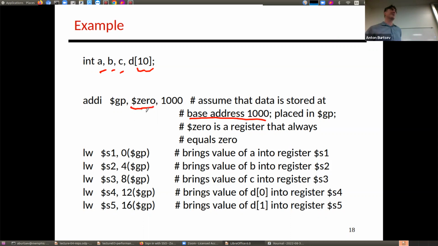Here we use another magical register on MIPS, register 0, which is always wired to produce 0. You cannot write into that register, so it's always 0, no matter what. So it says, okay, 0 plus 1000, put it in this global pointer register.